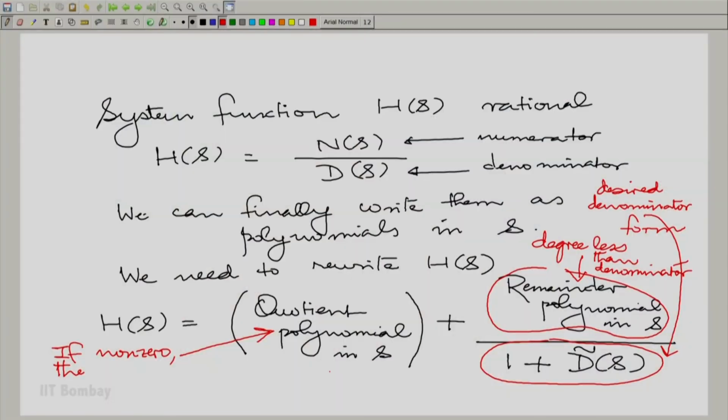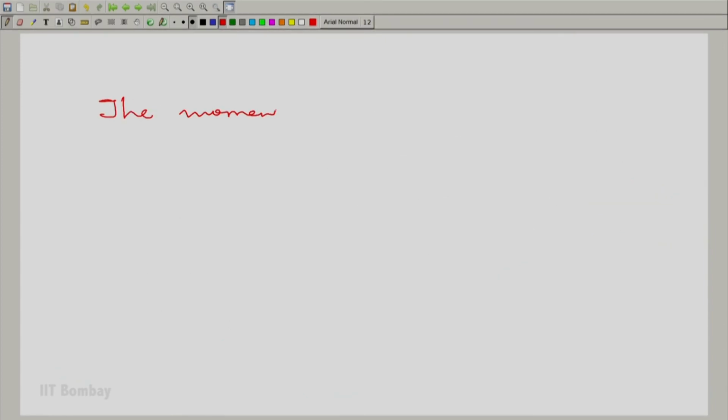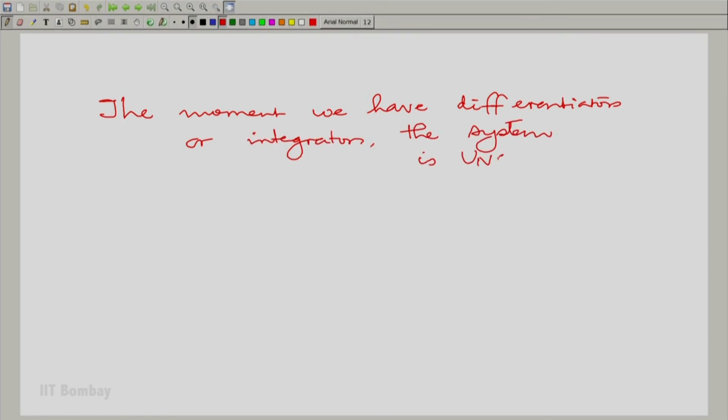There is a differentiation or a double differentiation operation. The moment you have a double differentiation operation, instability is implicit. So, if non-zero here, the system is immediately unstable if degree greater than or equal to 1. So, what we are saying is, the moment we have differentiators or integrators, the system is unstable.